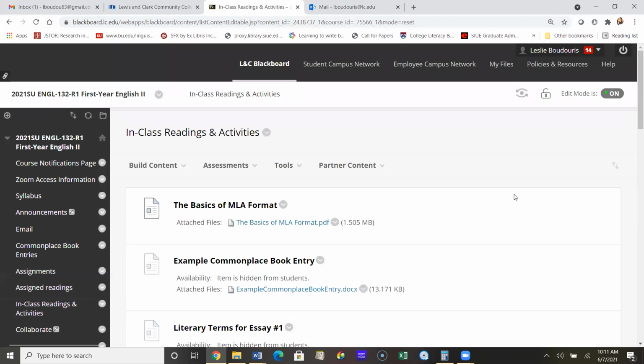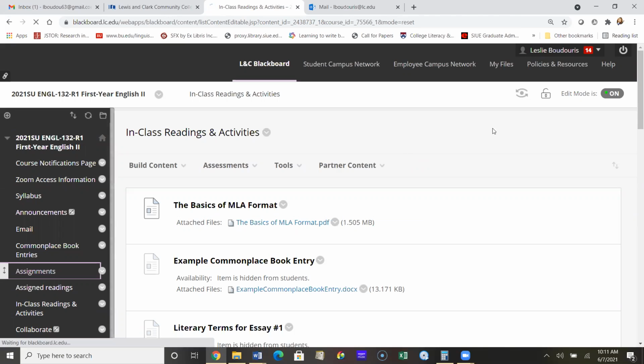Anything we do in-class writing for, anything I upload to read and talk about during class will be here. For example, tomorrow we're going to be talking about MLA format. I have the PowerPoint already uploaded on Blackboard under here. Everything else I have ready, but I just haven't made it accessible yet because we haven't gotten there.